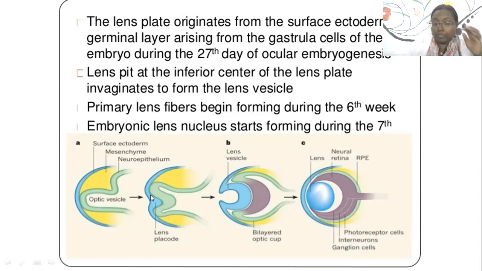The surface ectoderm thickens, and it invaginates into the optic vesicle. So the optic vesicle forms optic cup, and the surface ectoderm invaginates, forms a lens vesicle, and then the lens fibers are developed from the lens placode.